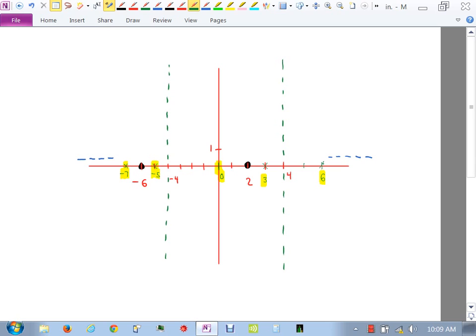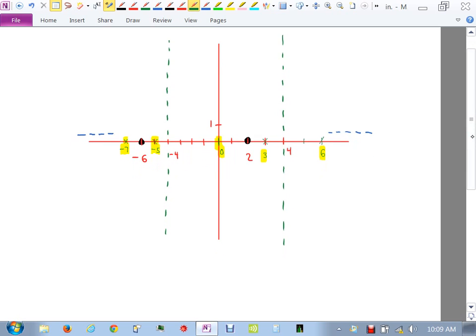Now, I would like to show you a shortcut. But I mean, it's not going to be that short, all right? It just saves you a little bit of time. By the way, notice how in this problem you were able to pick a test point that was an integer.